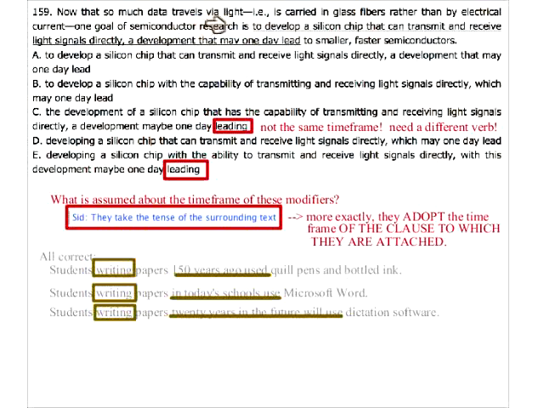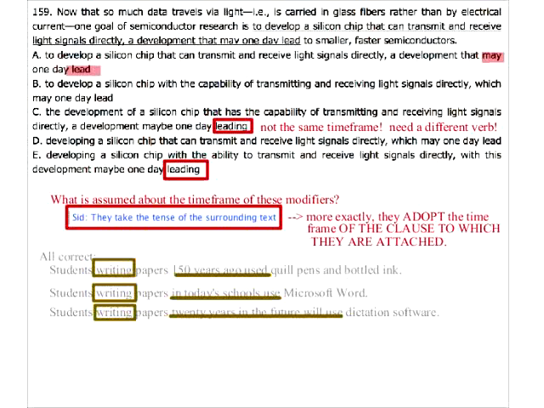One goal of semiconductor research is to do this, a development leading to this. Even though it says one day, the use of this modifier is incorrect. Same sort of thing here. Notice that that's fixed in the correct answer where they actually use the verb. It may one day lead. May lead is correct. It's uncertain. We don't know if it'll happen or not.